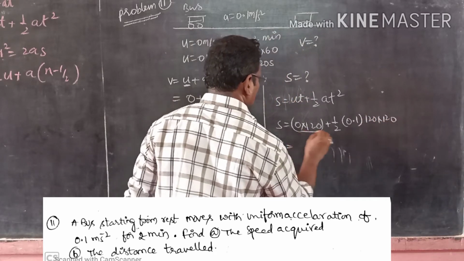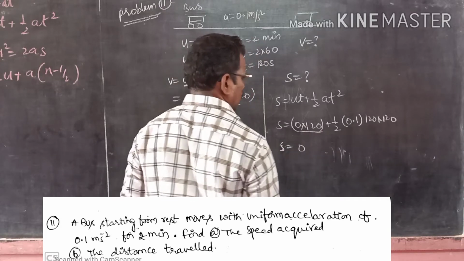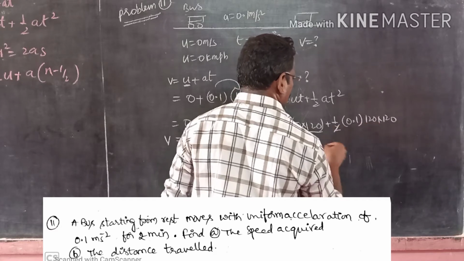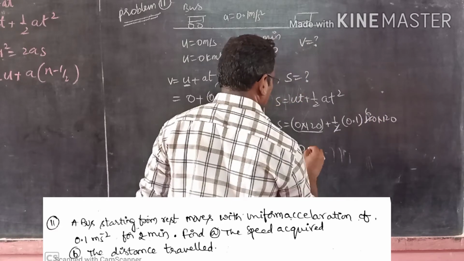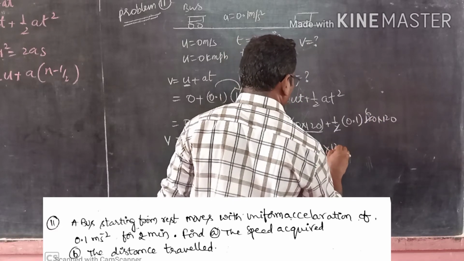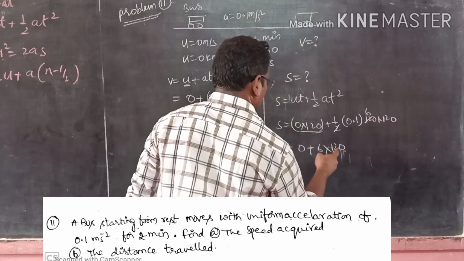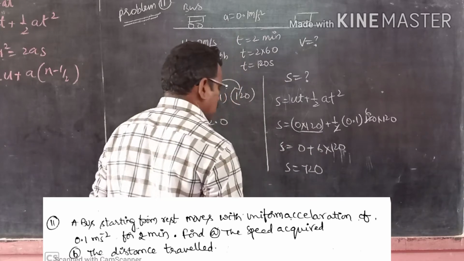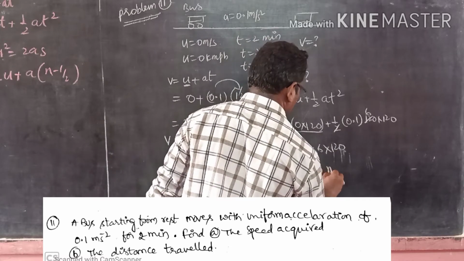Now the total value becomes 0 plus... the 1 point and the 10 get cancelled. So 2 ones, 2 sixes. Now it becomes 6 into 120. 12 sixes are 72. Here one more 0 is left. So s is equal to 720 meters.